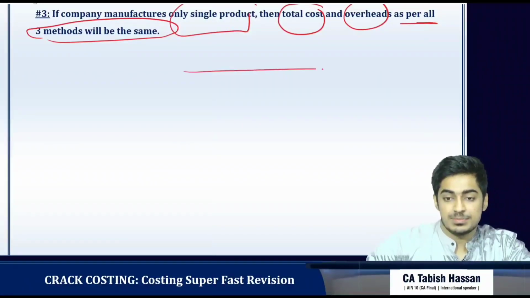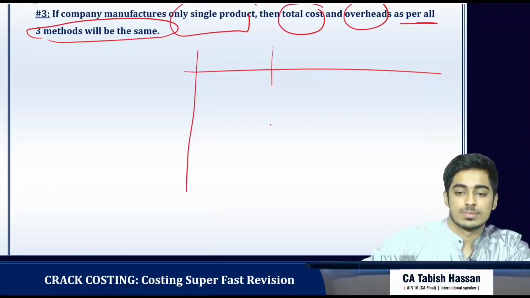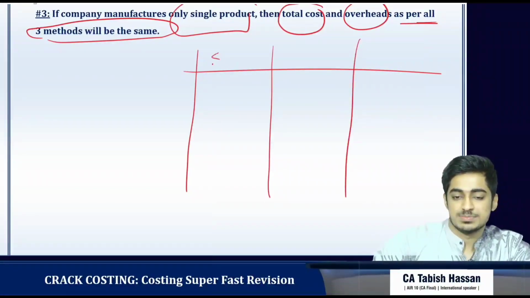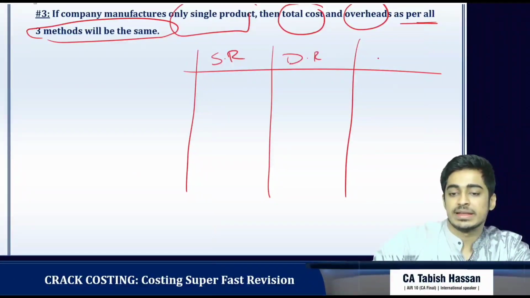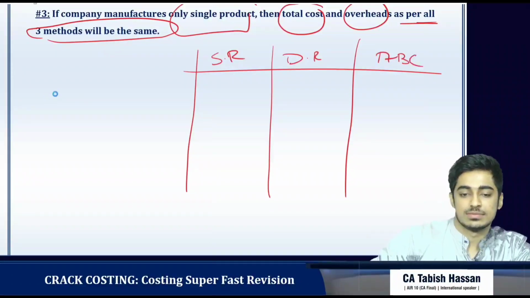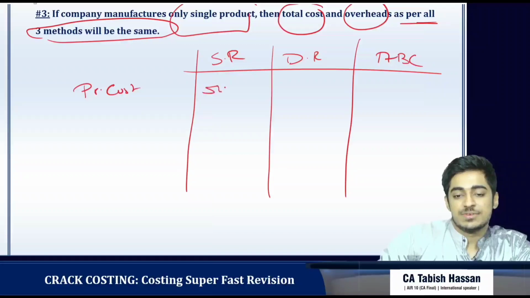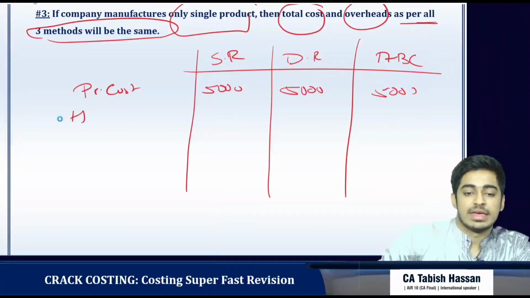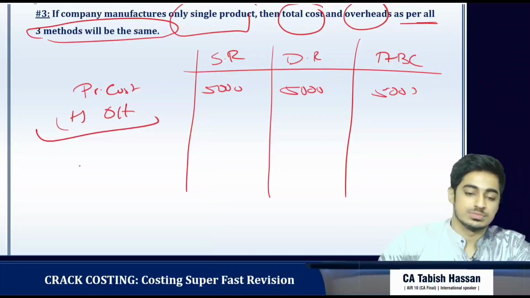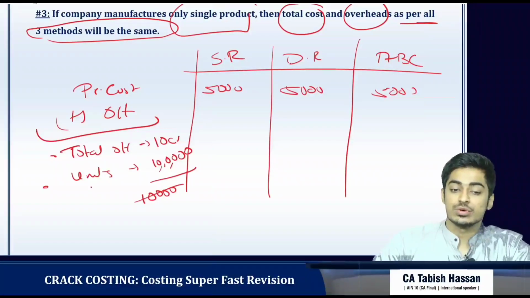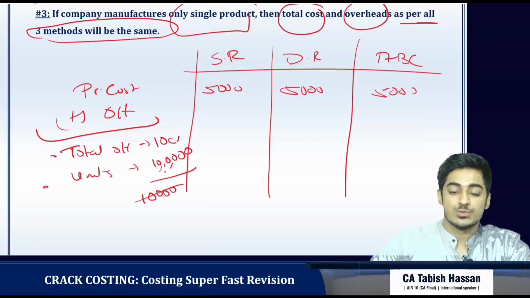Say for example, this is as per single rate, this is as per departmental rate, and this is as per activity based costing. So the prime cost is 5,000. And now we have to charge overhead to the cost object. The overhead is 10 crore and the units we manufacture is 1 lakh.